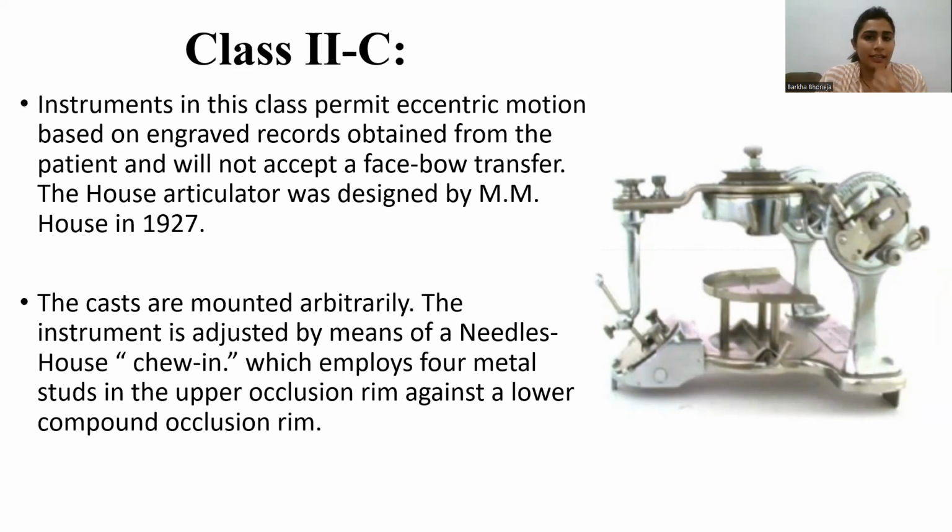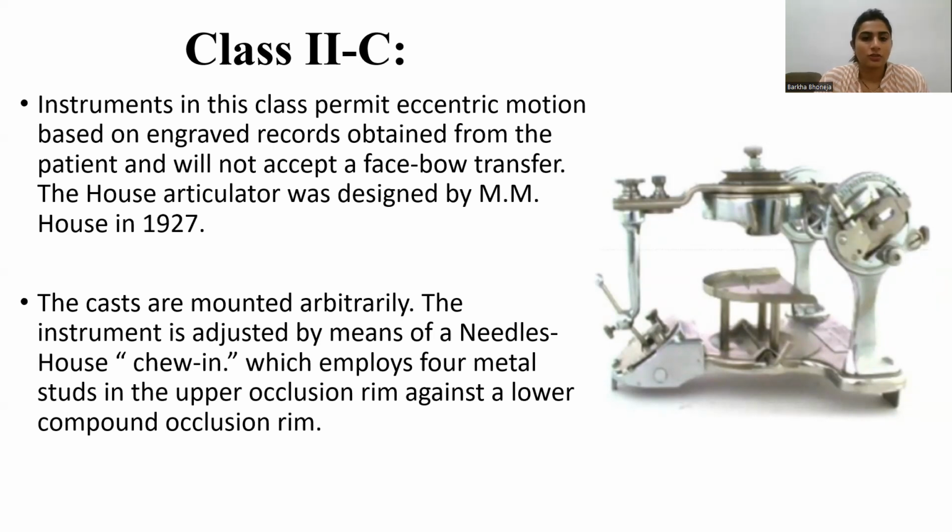Now the engraved records of the patient which have been obtained are transferred into the articulator. The House articulator was the first articulator, designed by M.M. House in 1927. So the casts are mounted arbitrarily. The instrument is adjusted by means of the Needles-House chewing method. If you know your basics, you can see how you record your eccentric, that is the horizontal centric relation.